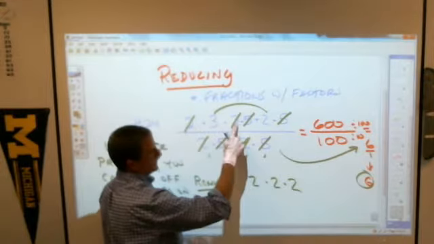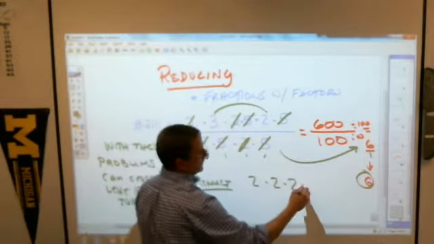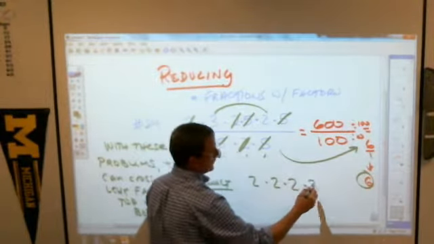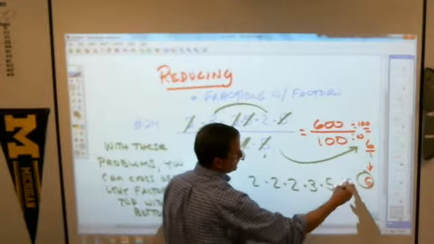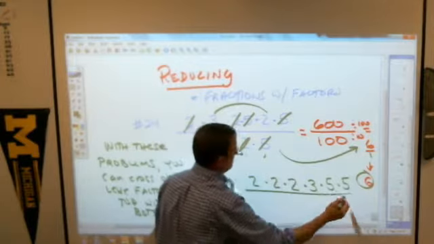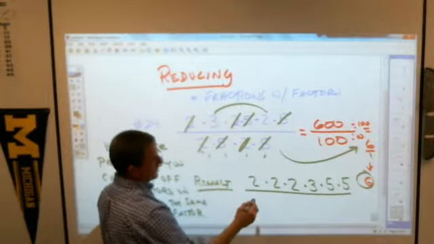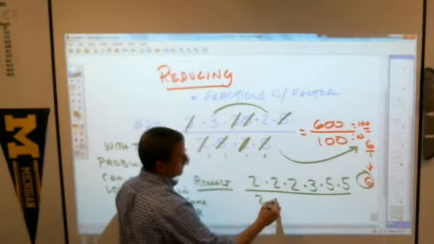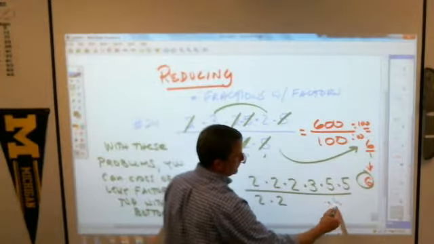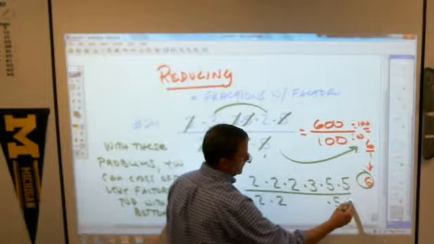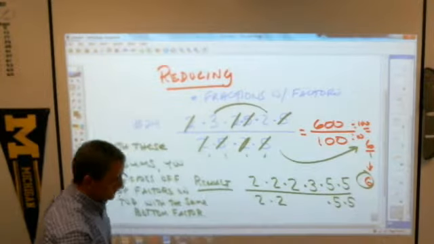I had 3 2's on top, and then my 1 3, and then my 2 5's. And then on the bottom, I'm going to do that same thing. I had 2 2's on the bottom, and I had 2 5's, except I'm going to put my 5's over here, which I can do because I'm my own boss.